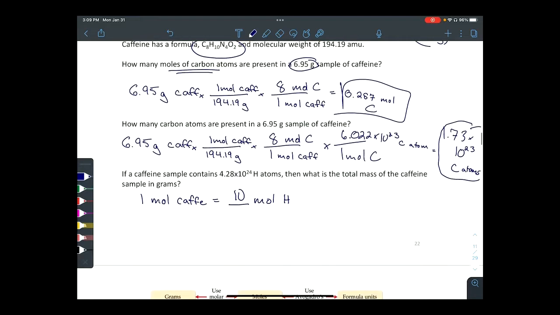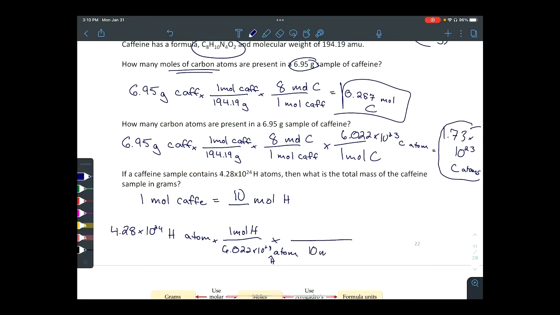So I'll start with what's given, and you'll see that really we're just working backwards from the previous question, hydrogen atoms. All right, so I'm going to convert atoms to moles. So 6.022 times 10 to the 23 hydrogen atoms equals 1 mole of hydrogen. So now I'm in the unit of hydrogen, so now I can use that nifty equality that I just came up with.